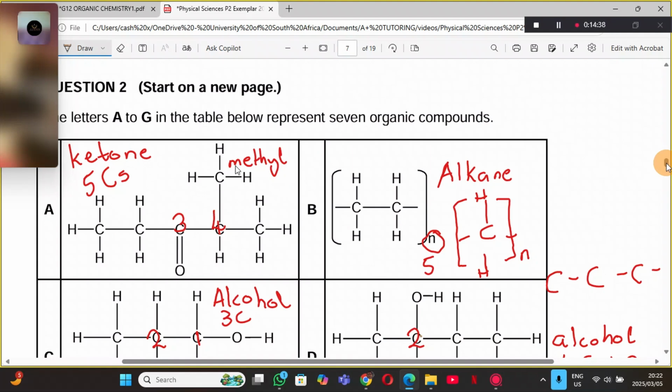What would you name this? So we start: 1, 2, 3, 4, 5. That's pent. Okay, so we know it's a pent. Then we look at the functional group. CO.